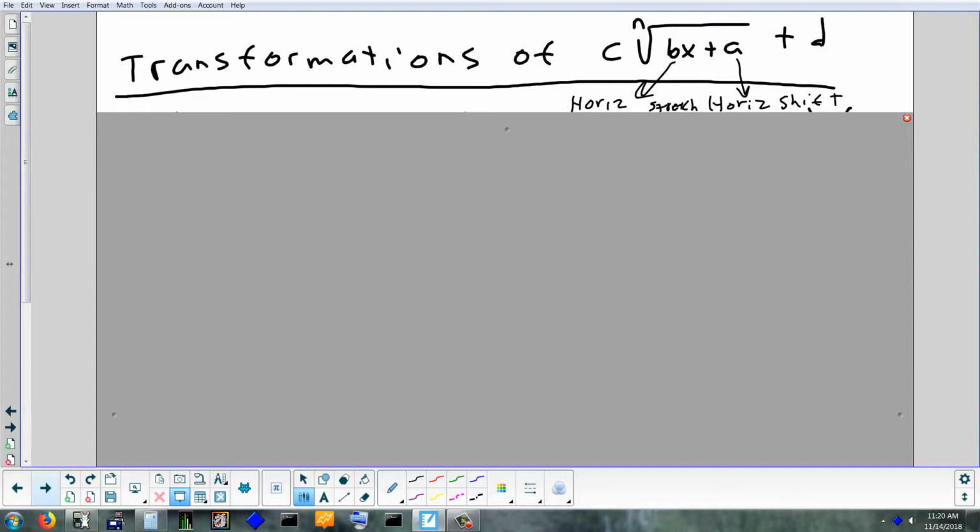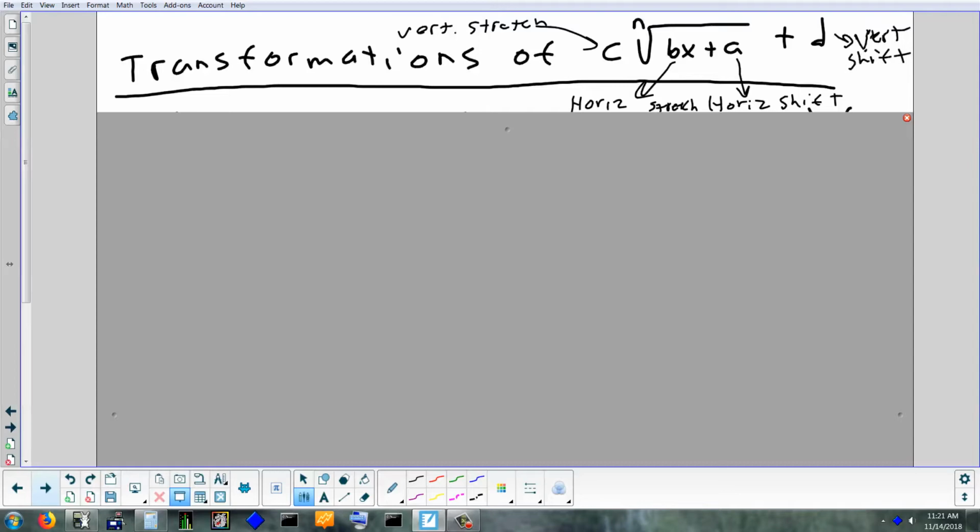So when I say stretch, it could stretch or compress. C, that's multiplying, but you're outside, so it's a stretch, but it's vertical. And D, you're adding, which means it's a shift, but it's outside the root, which means it's vertical. So vertical shift.